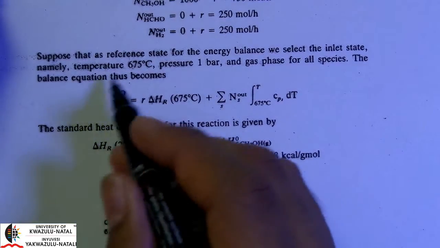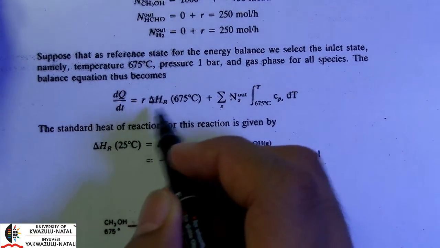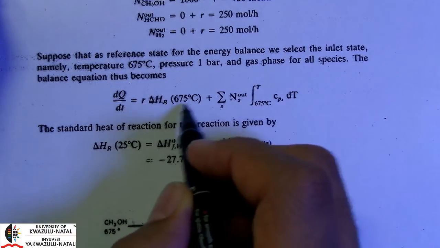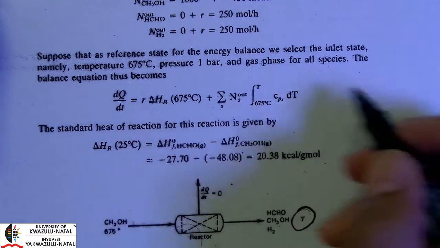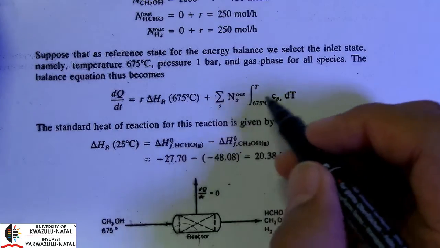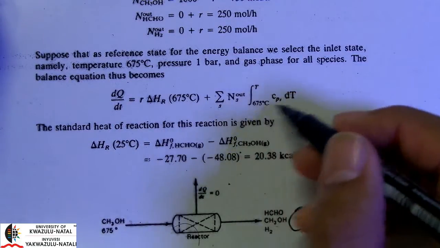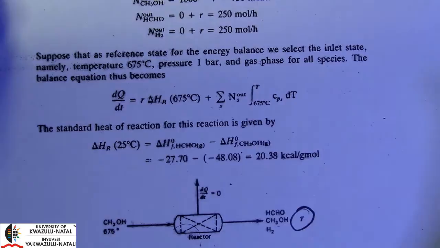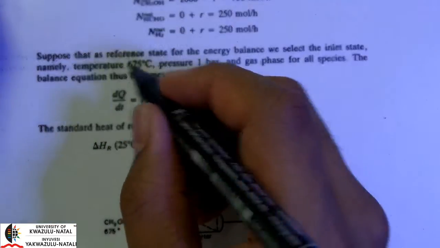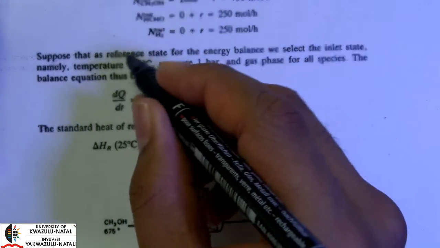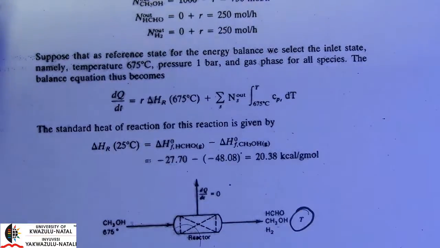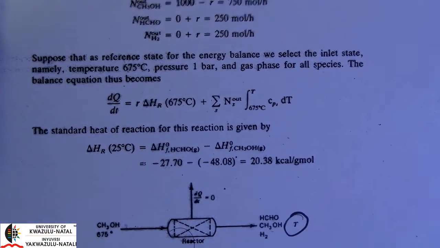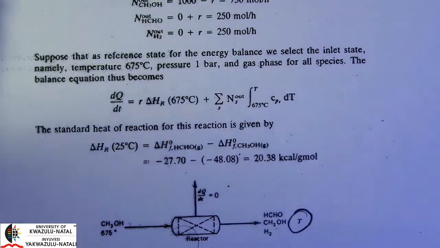We have dQ/dt equal to R times delta HR at 675, plus my output stream minus my input streams. Now my input streams, I am taking my reference to be 675. So any integral from 675 to 675 will equal 0.